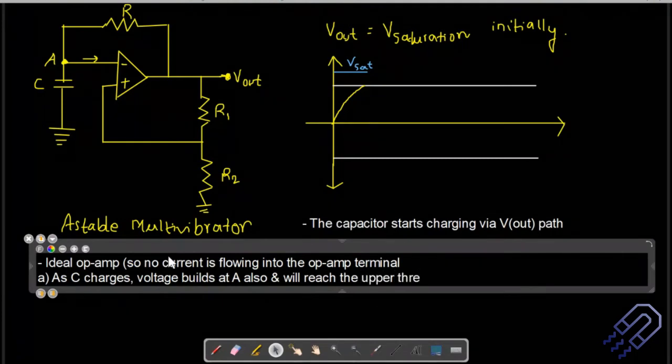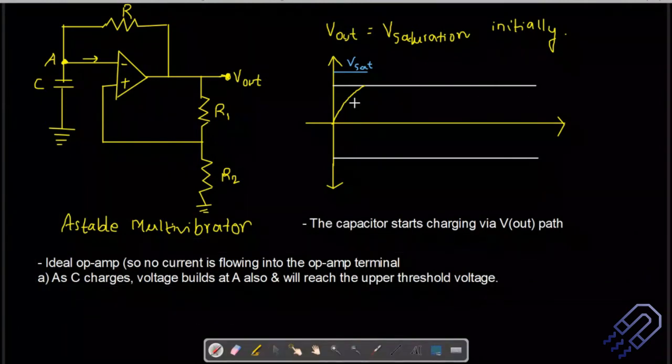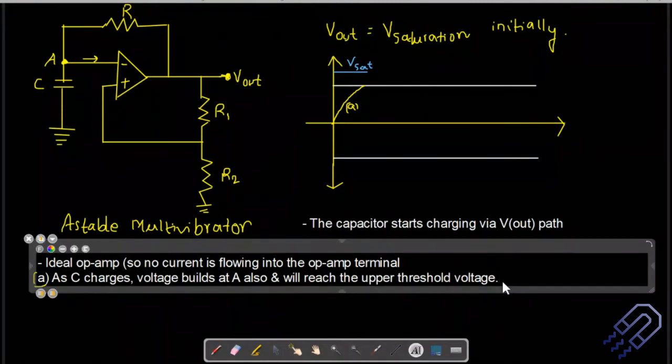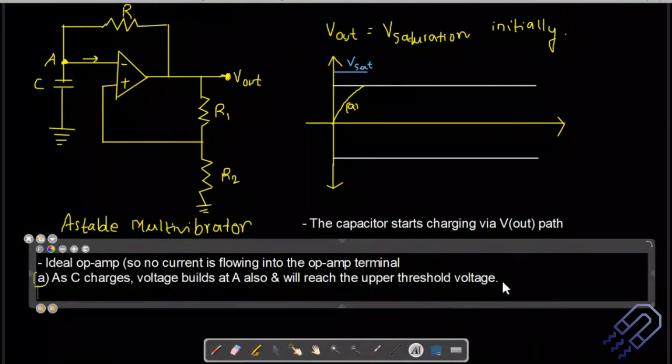So if I say A, I'm talking about this particular point. So we got one part of it.